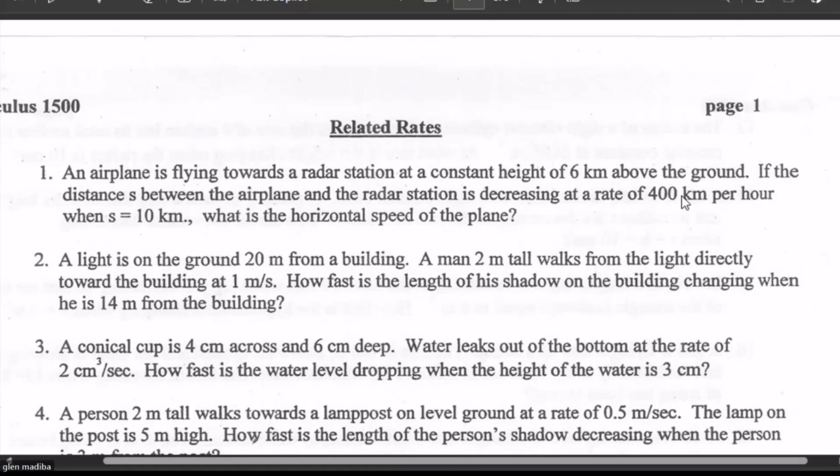Yes, sir. Now, let's go a step back to what we have been given and try to put everything together. A light is on the ground 20 meters from a building. We know that the entire distance on the x-axis from where the light is to the building is 20. But now the triangle is divided into 2.